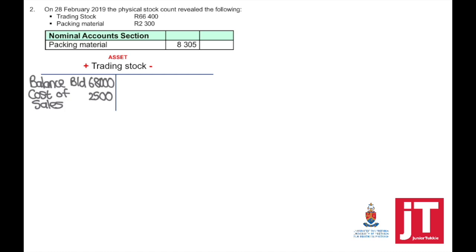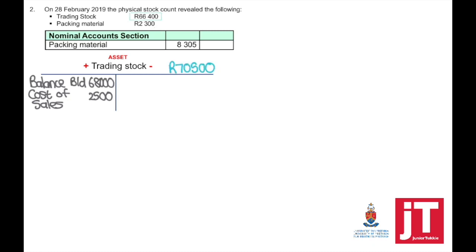A common mistake: we compare the physical stock count with the balance from the pre-adjustment trial balance, and we do not take into account the adjustments that took place in between. Make sure that you take all the adjustments into account. What is your new updated balance? That must be compared with the physical stock count.